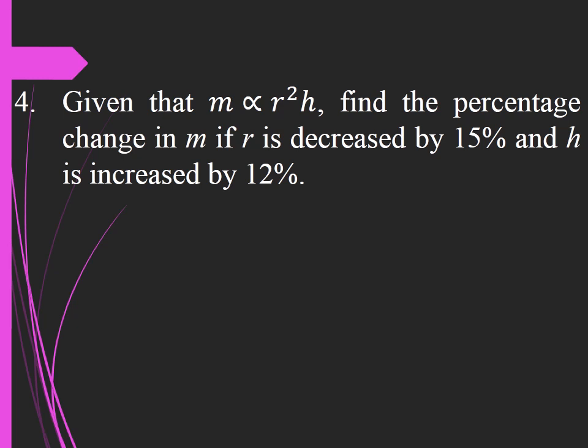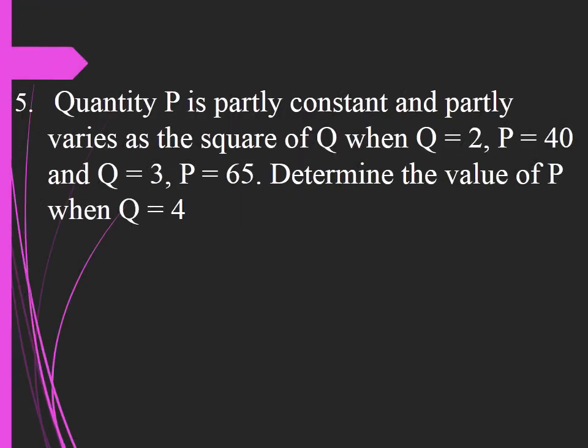Question 4. Given that m varies jointly as r squared and h, find the percentage change in m if r is decreased by 15% and h is increased by 12%. Question 5.